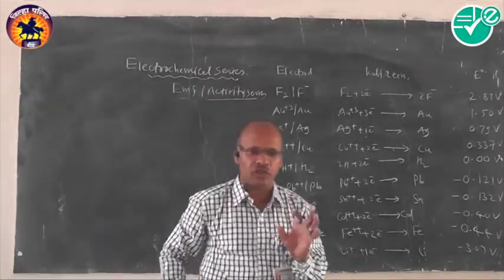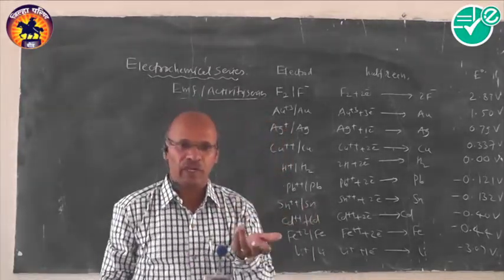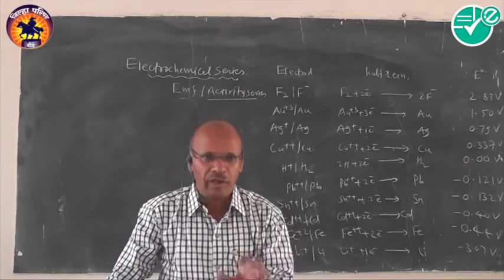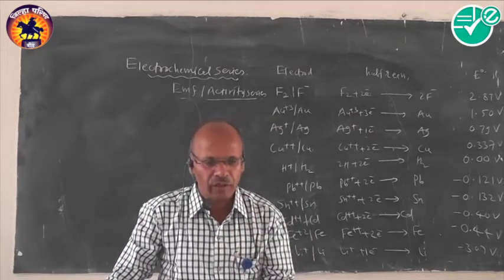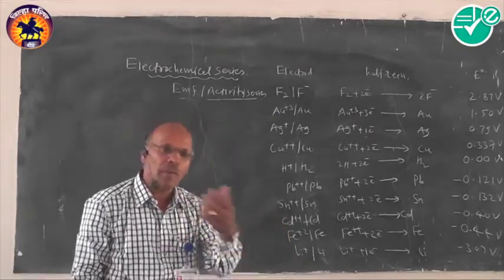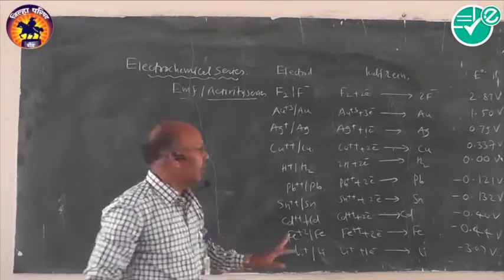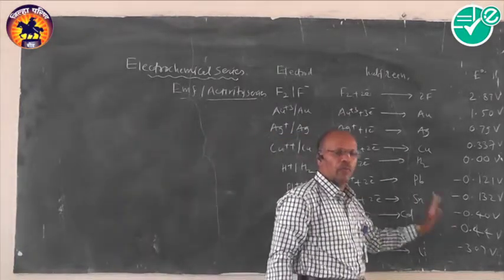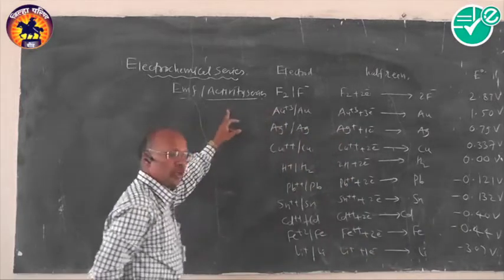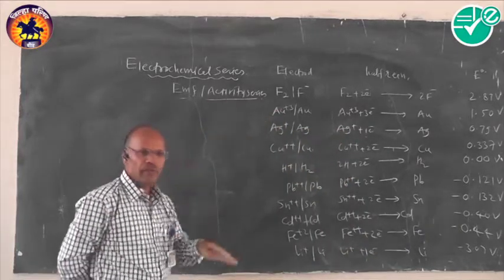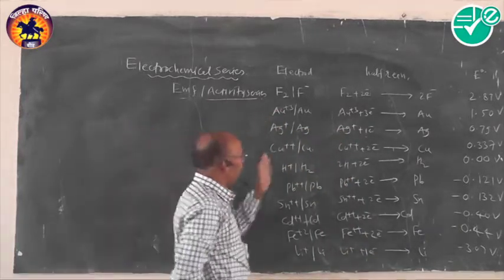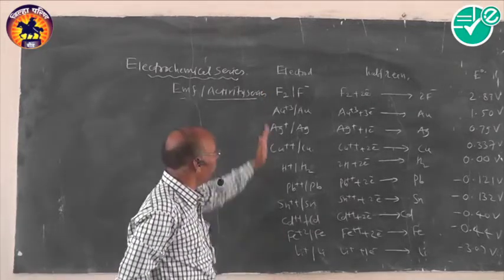What is the electrochemical series? What is the electrochemical EMF series? These are the series of elements, maybe metallic, non-metallic, arranged with their half cell reactions in their decreasing order of standard potentials, we generally call electrochemical series or EMF series. It is a simple definition. Now here, observe here the elements, the electrodes here.